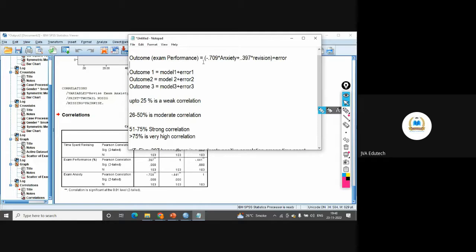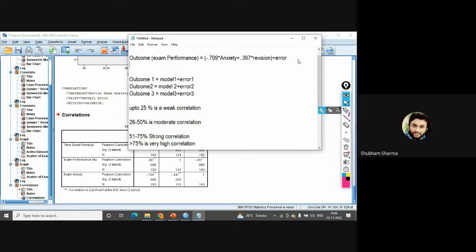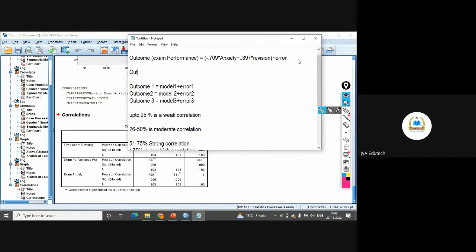I have modeled all at once. Otherwise, three times the model could be: outcome 1 is equal to minus 0.709 into anxiety plus error.